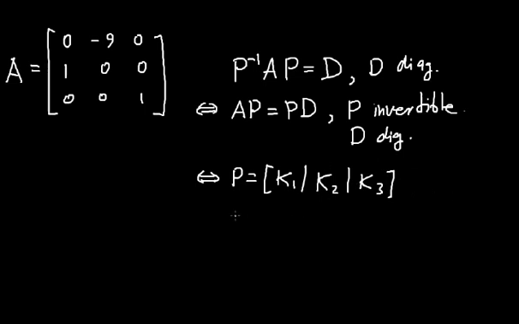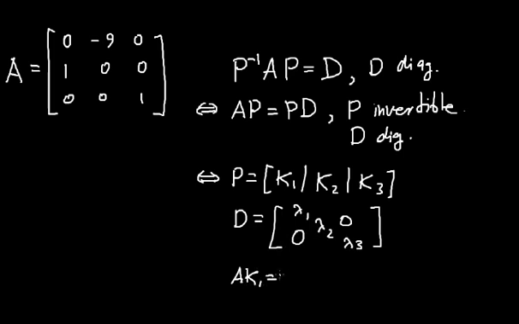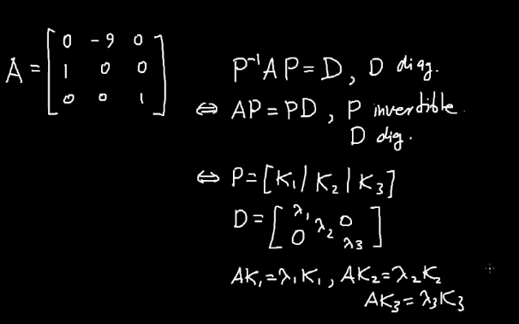And D is the diagonal matrix with lambda 1, lambda 2, lambda 3 on the diagonal, with all the other entries being 0, with the equations A k1 equals lambda 1 k1, A k2 equals lambda 2 k2, A k3 equals lambda 3 k3.